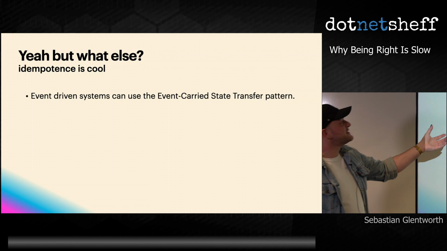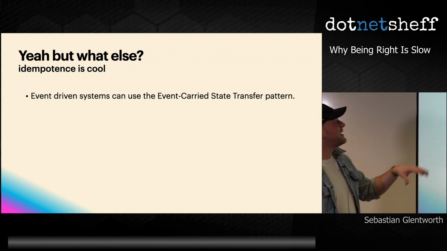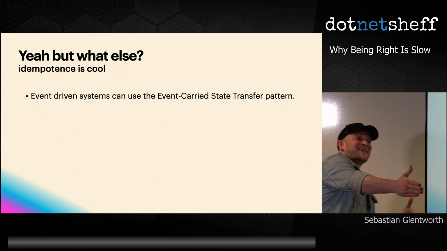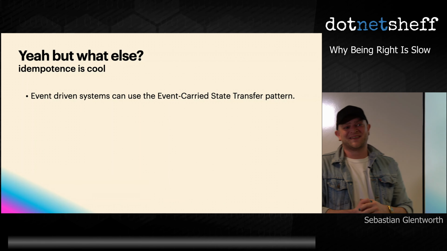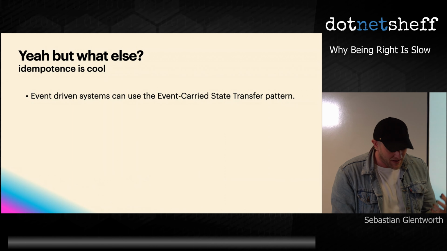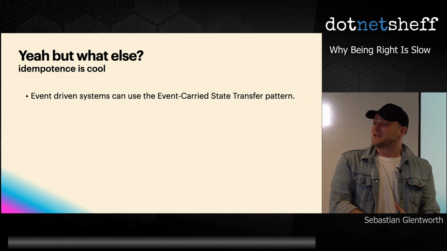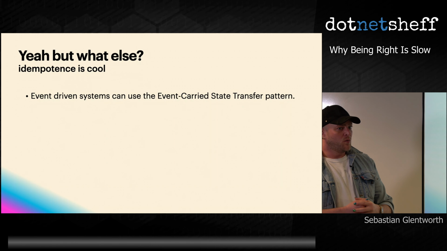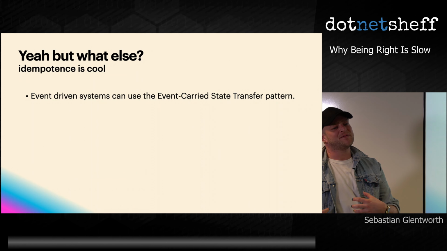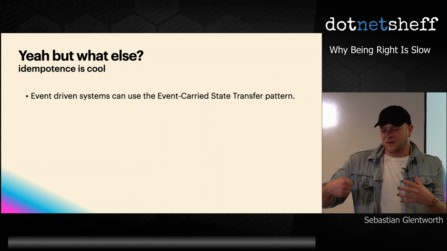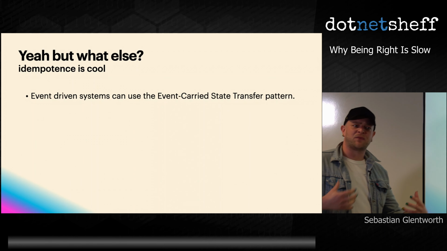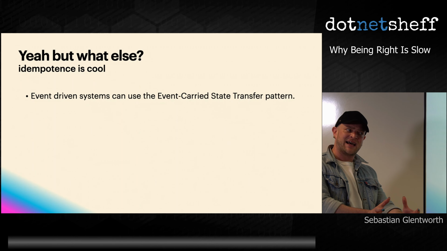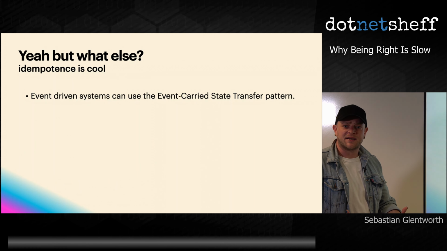Well, event-driven systems can use an event-carried state transfer pattern. John works with me, he's heard me go on about this loads. So what you can do there is if you are adding events into a system, if you're using some kind of domain-driven design, things like that, instead of saying, okay, let's create an item, and then if we want to modify that item, we'll pass the delta with just the change that needs to happen in order to get to the current state.